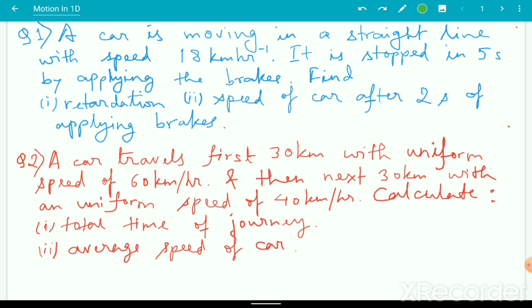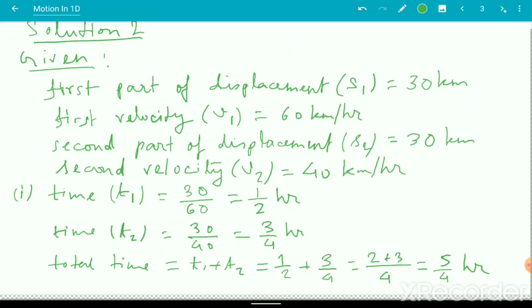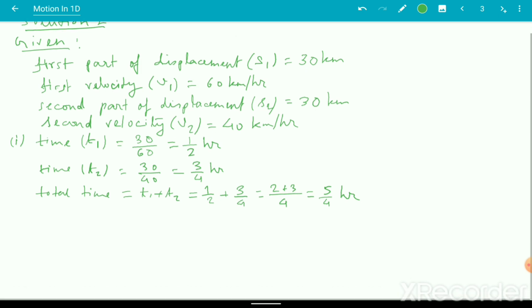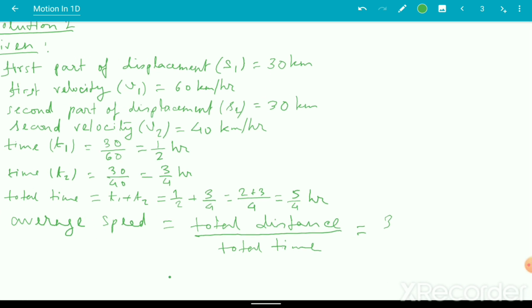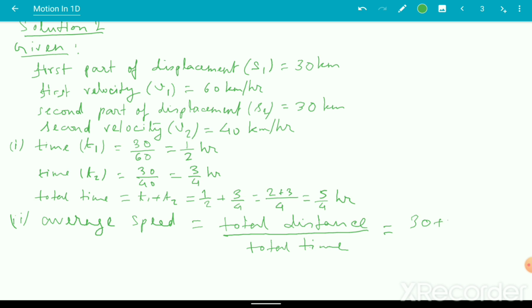The second part asks for the average speed of the car. Average speed is nothing but the total distance by the total time taken. Here you are considering the displacement and distance to be the same. So the distance is 30 plus 30, that turns out to be 60, and the total time is 5 by 4.